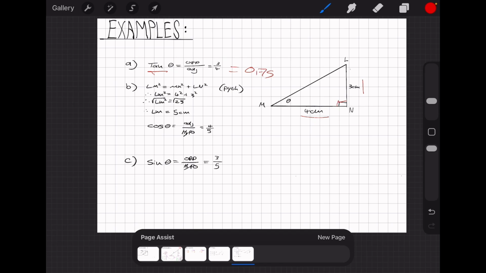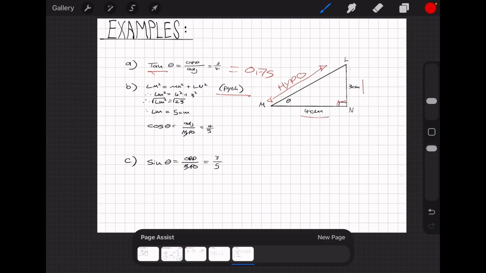For B, to work out the value of cos, we first need to figure out the distance from M to L by using Pythagoras. LM squared equals MN squared plus LN squared. This is the Pythagoras theorem. LM squared equals 4 squared plus 3 squared.